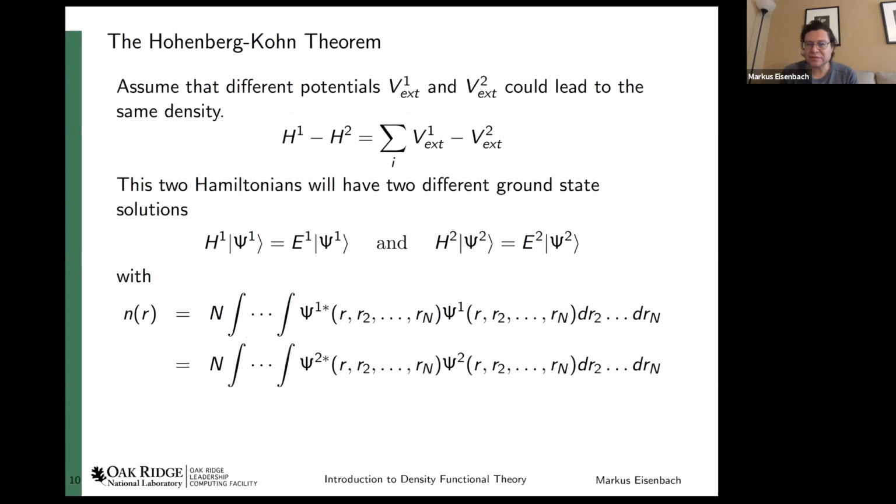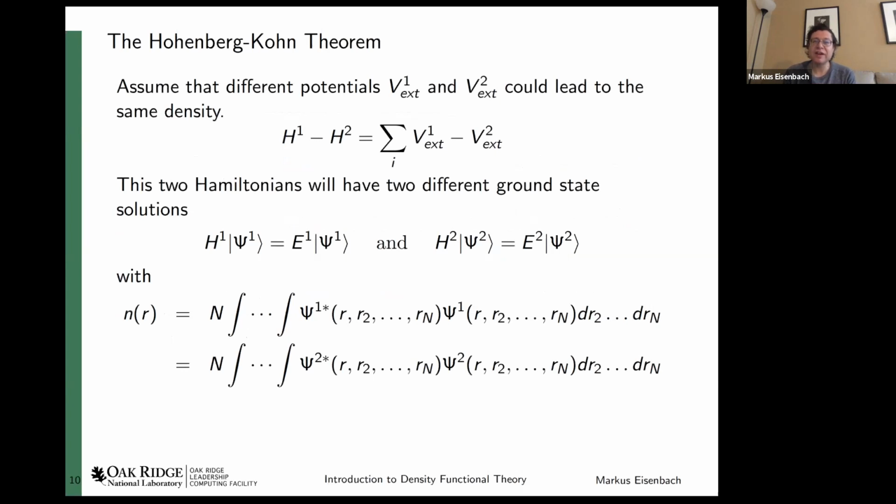And that's actually the genius in the Hohenberg-Kohn theorem. So assume that we had 2 different potentials, V1 and V2, that could lead to the same density.